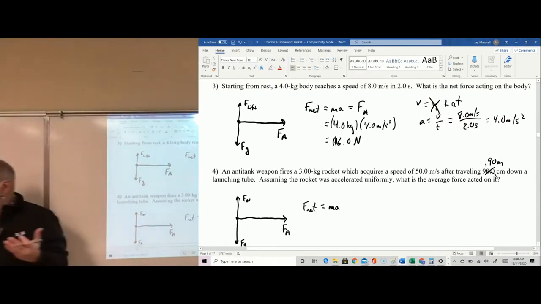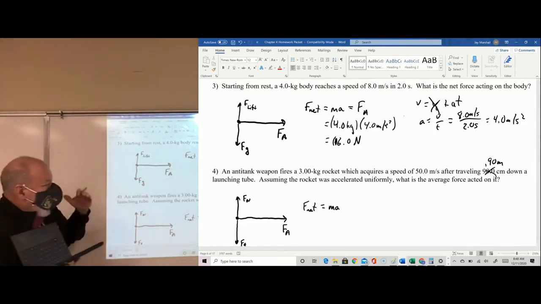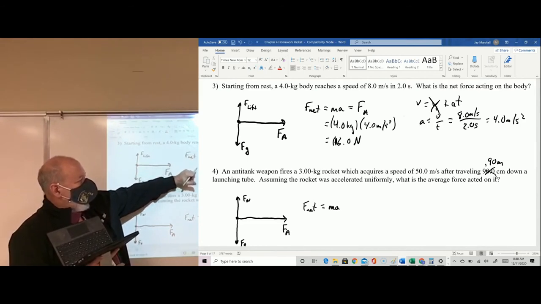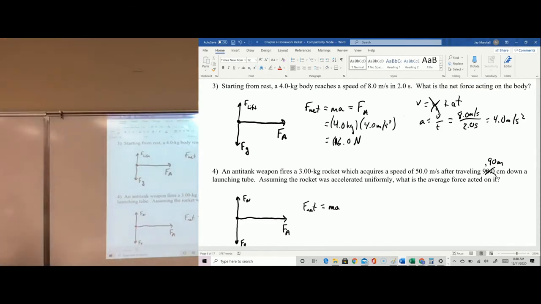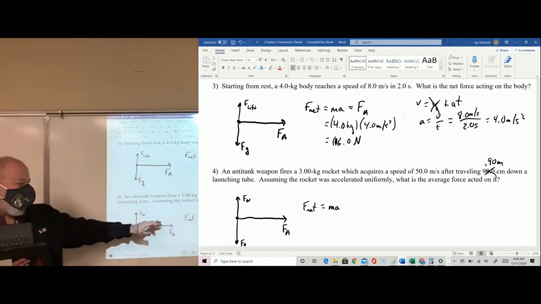And that's Newton's second law, right? Force equals mass times acceleration. What I will do for you to eliminate some annoyance is that if all you're doing is just finding out F equals ma, you don't really need to draw a free body diagram.